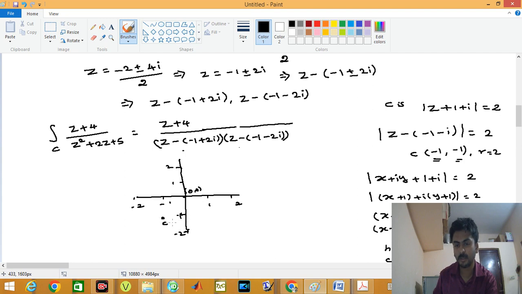So this will be our center, and radius is 2. From minus 1 to radius 2 means you will have the area up to minus 3. You will have up to minus 3 in the fourth quadrant.